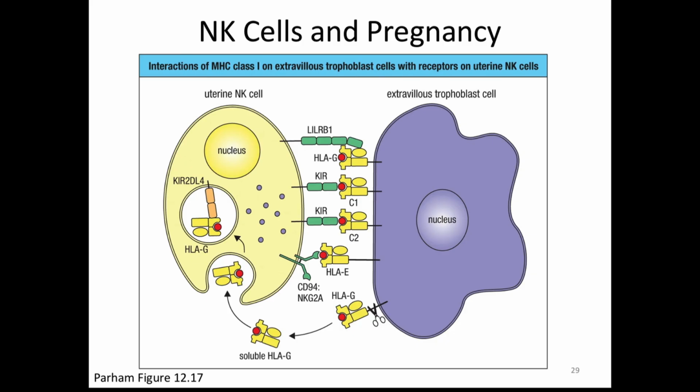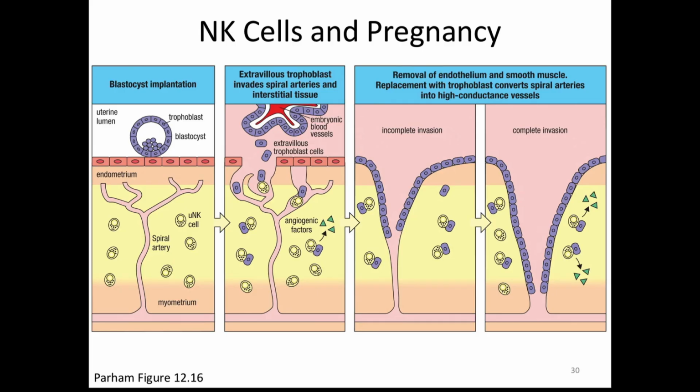And so, in fact, if you look at what happens during pregnancy, here you can see mom's uterine wall, and you can see the embryo. Implantation happens, and you actually get some cells from the trophoblast, from the embryo, that go into mom's blood vessels and invade so that they can get some of mom's blood.